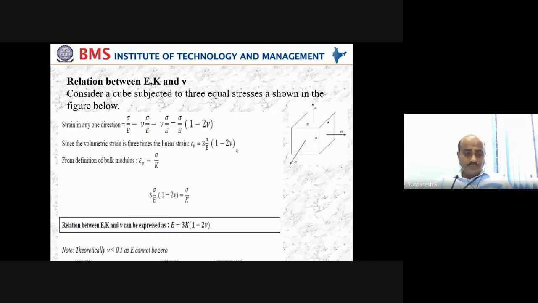Now, from the definition of bulk modulus, it is the ratio of volumetric stress to the volumetric strain. Am I right?